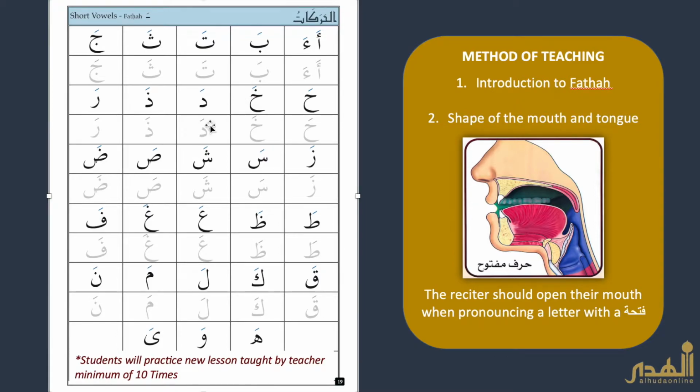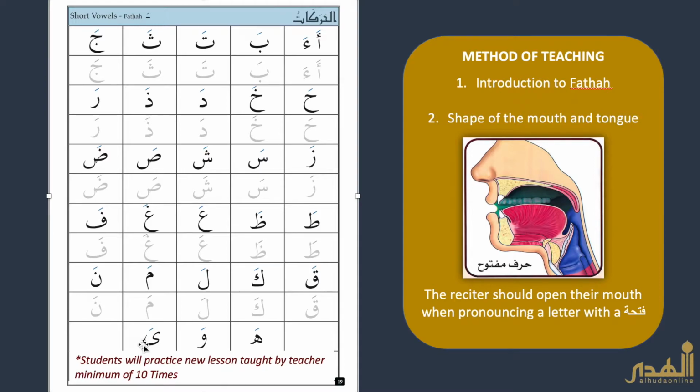And once you have gone over all of this, and let's say they've practiced each letter 10 times, then again you're going to do what we mentioned on the previous page, that you make them read it backwards, because that will really test how much they have mastered these letters with the fathah.